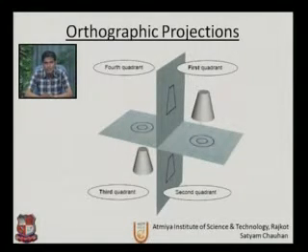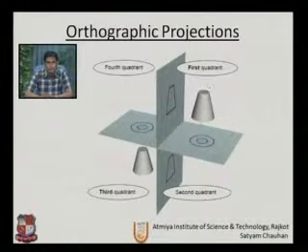So in the first quadrant, the front view will be above the XY line. Let us imagine that this line is the XY line. In the first angle it will be above the XY line, and this plane will go down and rotate this way, so our top view will be below the XY line.